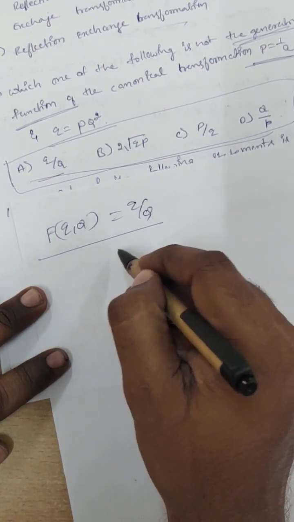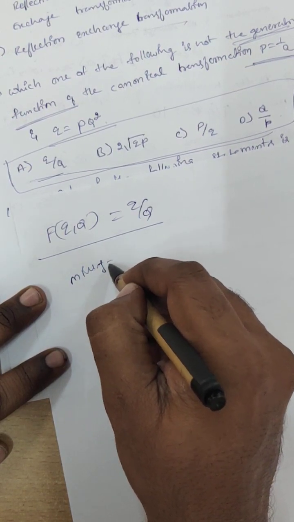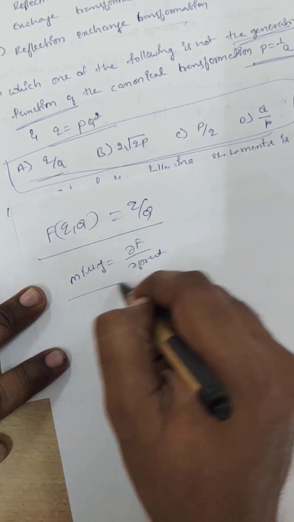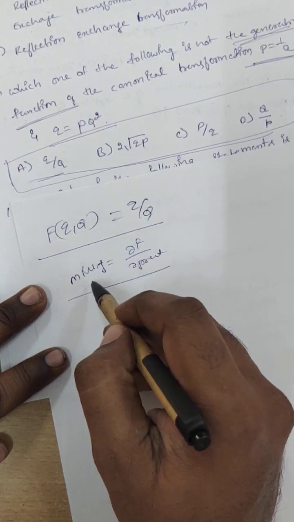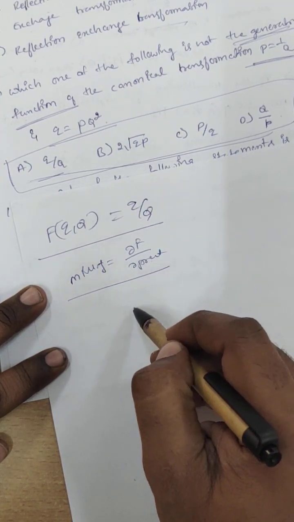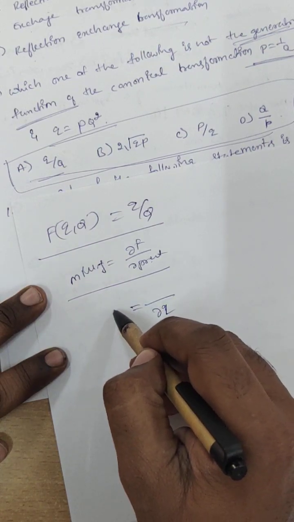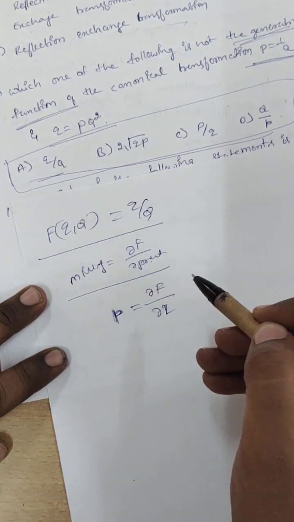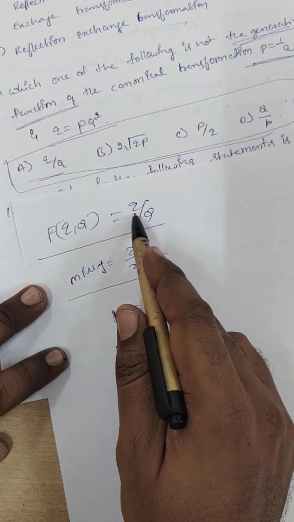We know that the missing variable is equal to ∂F by ∂ the present variable. This is the trick: we have to identify the condition. Here, if I consider the present variable as small q, the missing one must be small p, which is ∂F by ∂q.